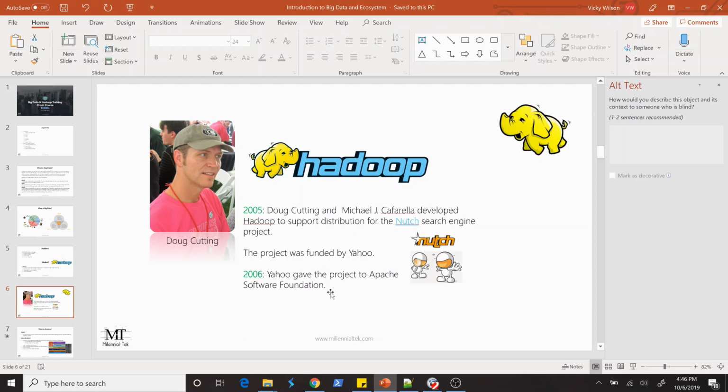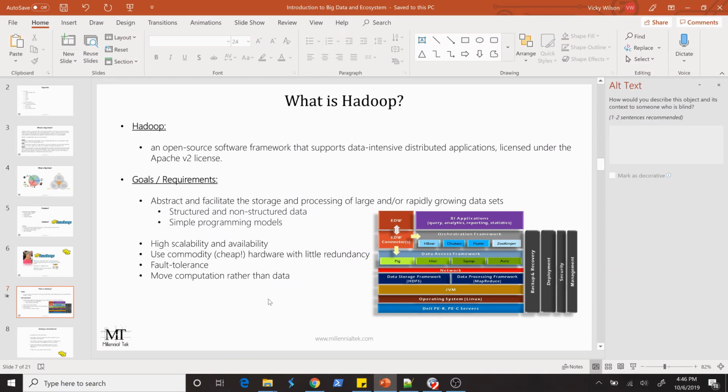There is a lot of other Hadoop-related tool stack, like HBase, which deals with columnar data stores, which uses semi-structured data, or data that is object-centric, right?